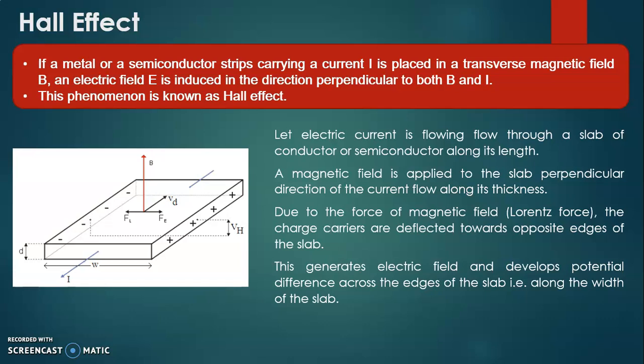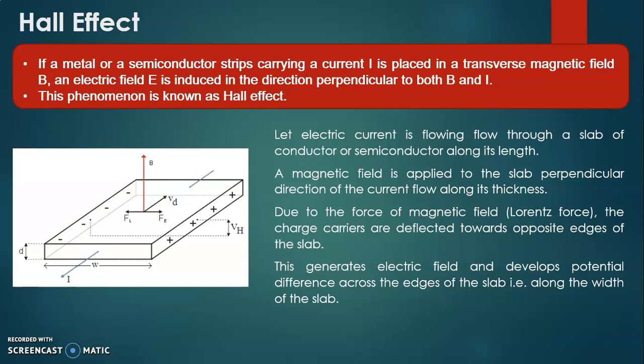So according to the definition, when current is in one direction and the magnetic field is in the perpendicular direction to the current, then an electric field is generated which is perpendicular to both.